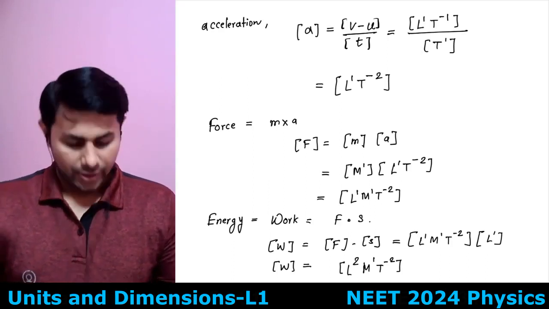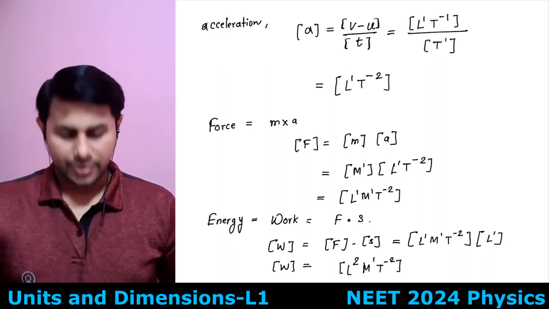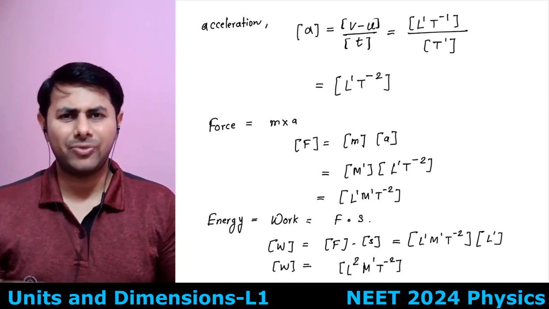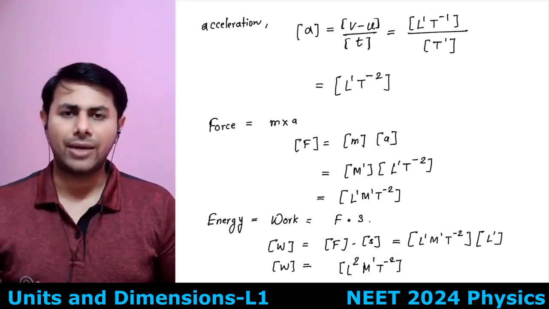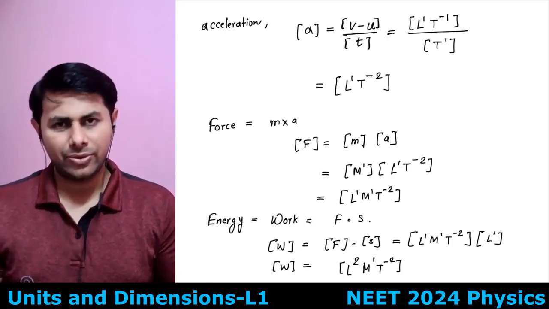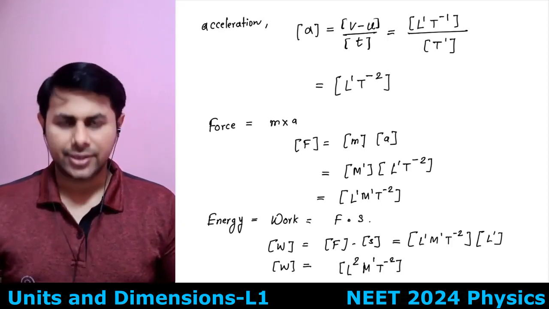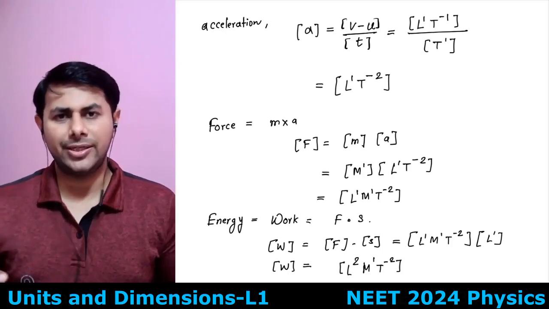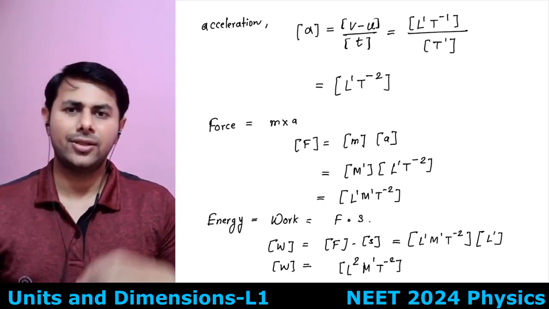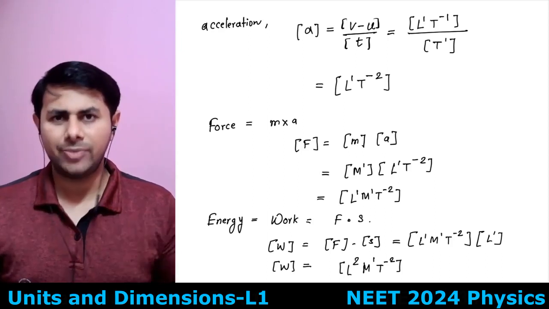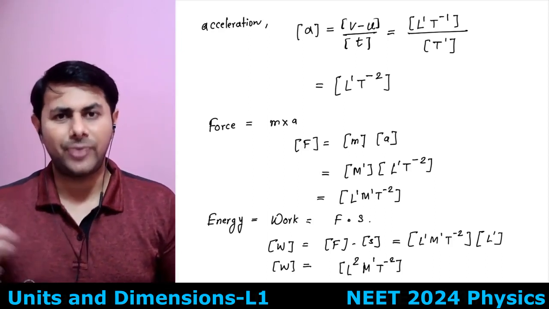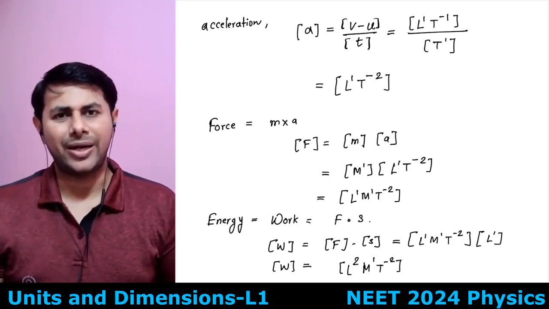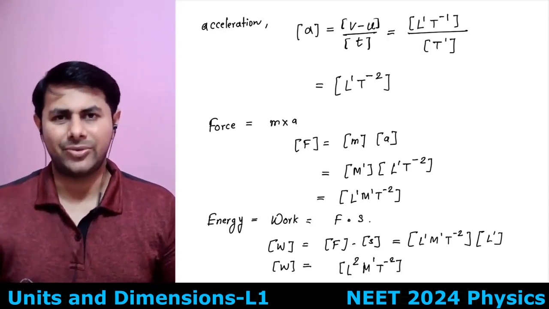Okay. So if we know these many dimensions, we need to know dimensions of area, volume, velocity, force, energy and acceleration. And if we know the formula which connects these quantities with another physical quantity whose dimensions you want to find, then you will be able to find out the dimensions of that physical quantity.